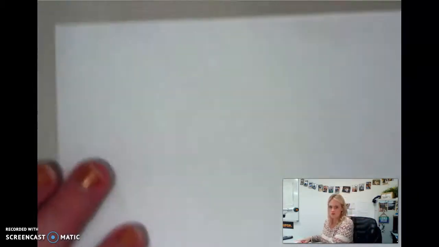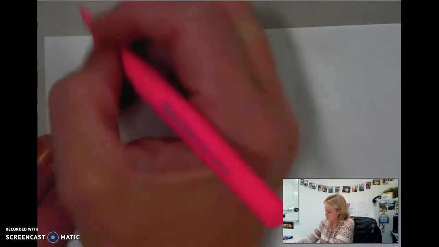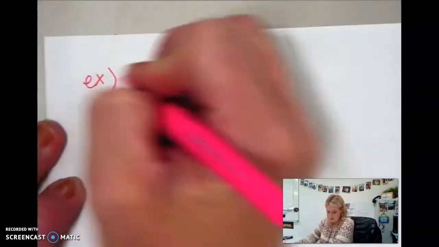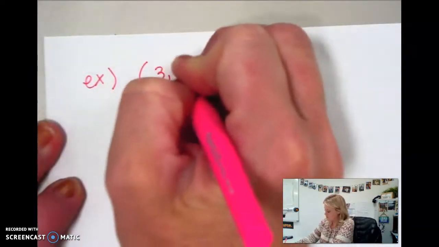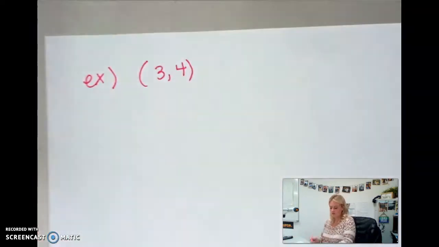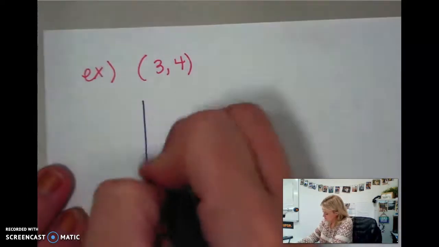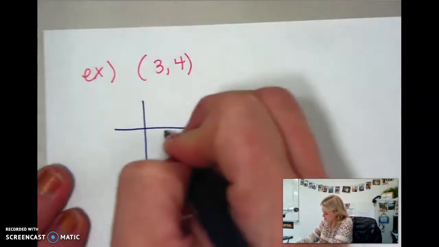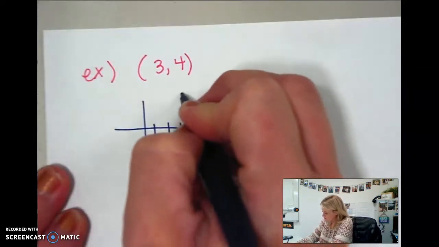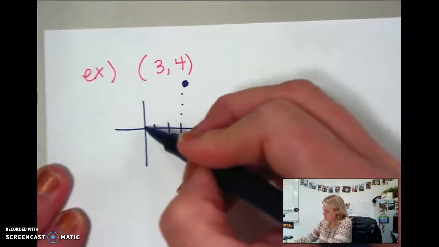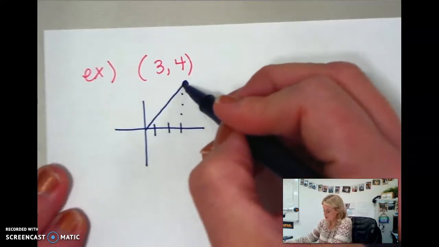If I told you to make a reference triangle using 3, 4, okay, well, that means we're going over 3, up 4. So that is the point 3, 4. And now that gives us our hypotenuse.